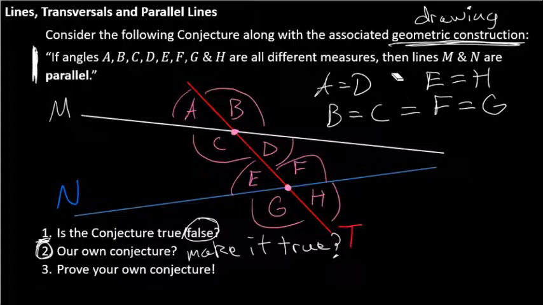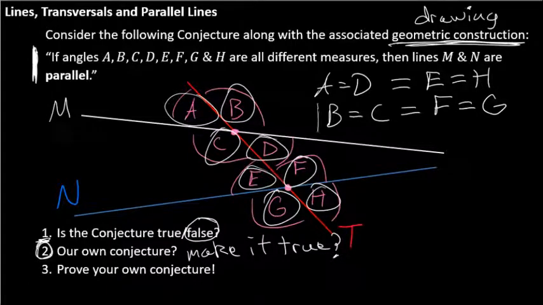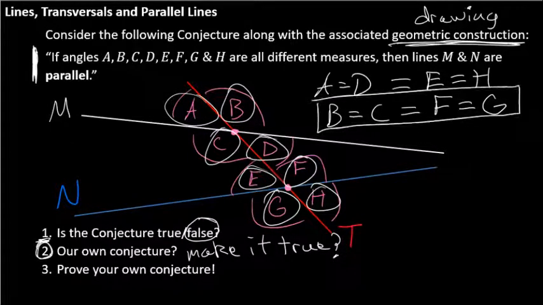And I shouldn't have put an M there, I should have put an equal. So A, D, E, and H would all have to be equal, same as for B, C, F, and G. They would all have to be equal. These would be equal to one set, these would be equal to another. Okay, that would make it true.